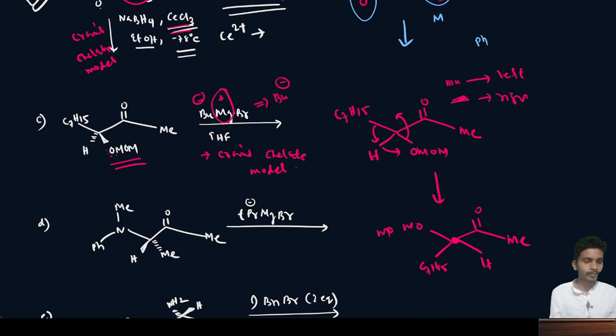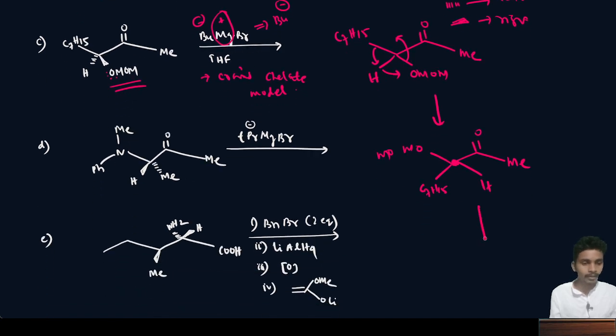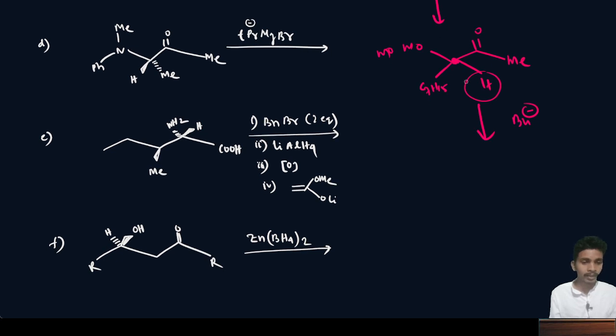Now the attack of the reagent, that butyl, will be from the small group side. The small group side is at the right. It means it will be from the front side.